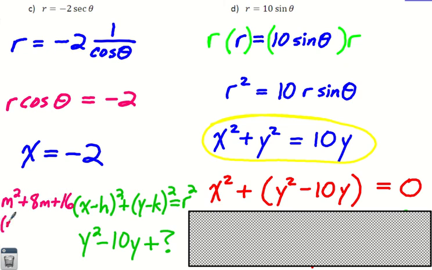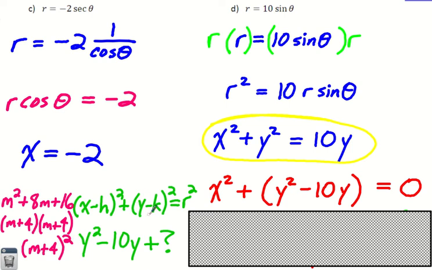Wouldn't you have your bubbles be m plus 4, but then m plus 4 again? It's the same bubble twice. So couldn't you technically say that was m plus 4 squared? Yeah.